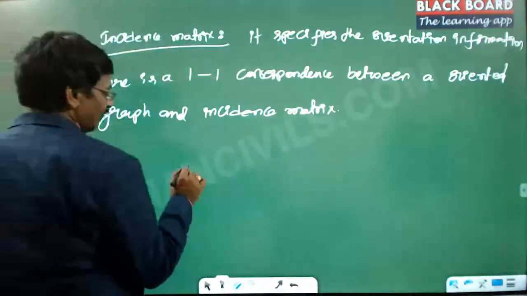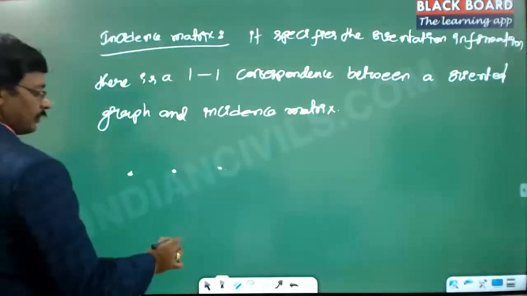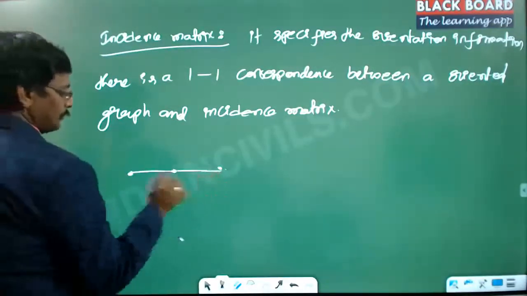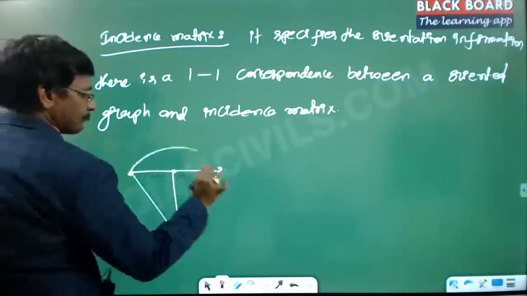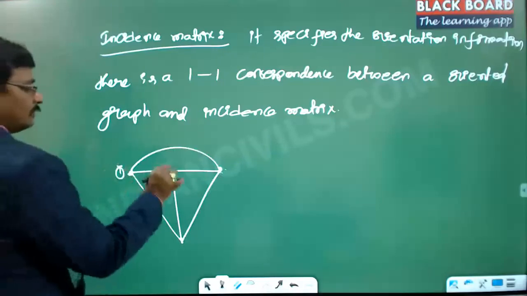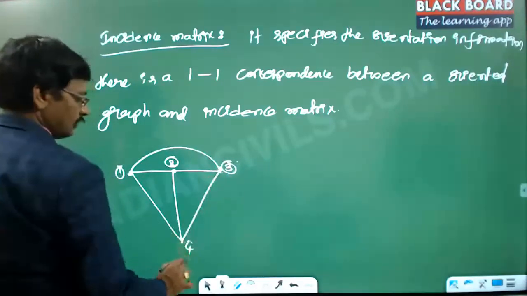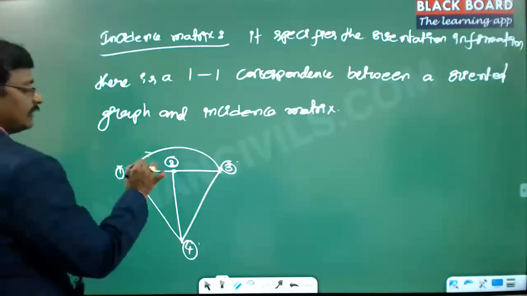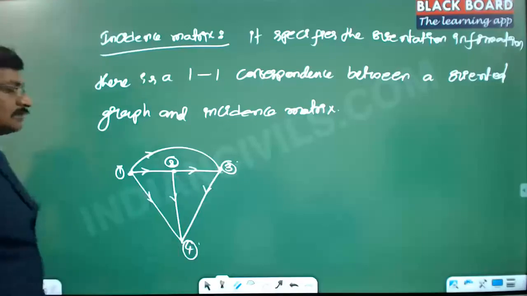Suppose we take the same graph. Let us say this is node number 1, this is node 2, this is 3, and this is 4. And let us give these directions, so let us say this is the direction that was given.